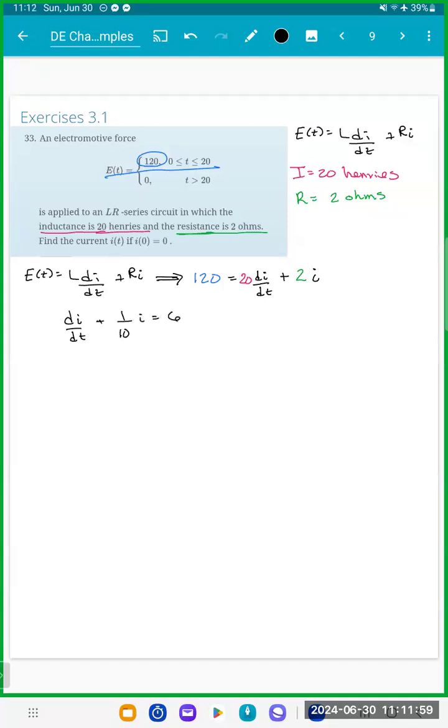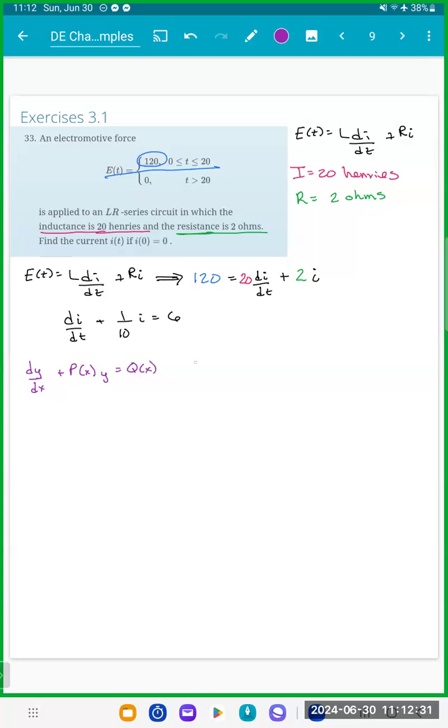And that is a linear differential equation in standard form. And now we want to find the integrating factor, right? So we want to simplify this to get to that. Our linear differential equation in standard form is dy/dx plus p of x y equals q of x, right?